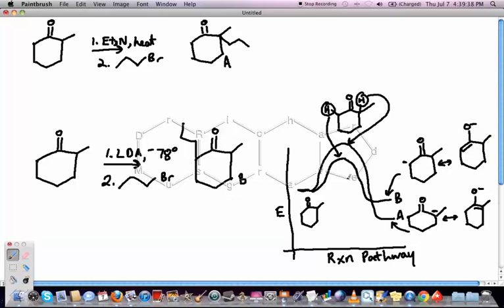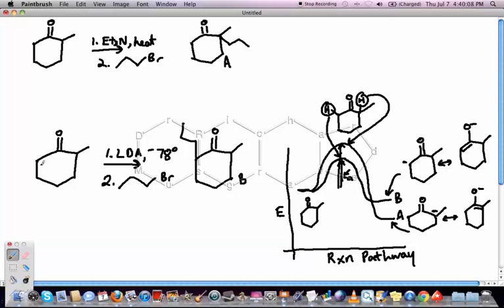We'll talk first about the kinetic conditions, and if you'll remember what we talked about with the dienes, we said that kinetics was all about the comparison of activation energies. So you can see that the activation energy to form the anion from this one, from B, is very much lower than the activation energy required to get the proton off this one here.